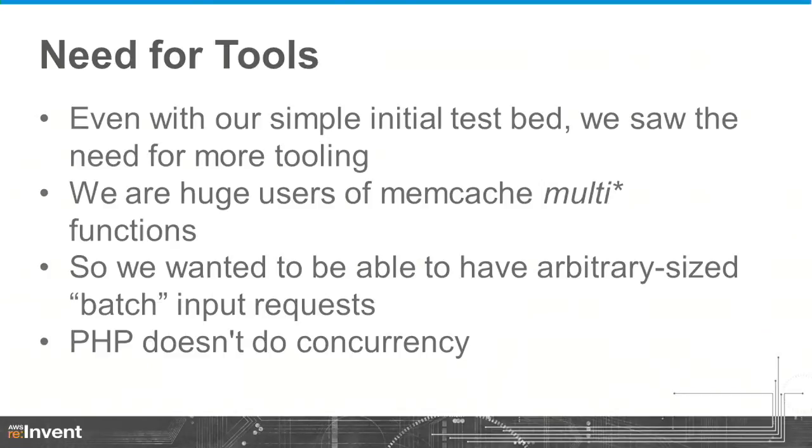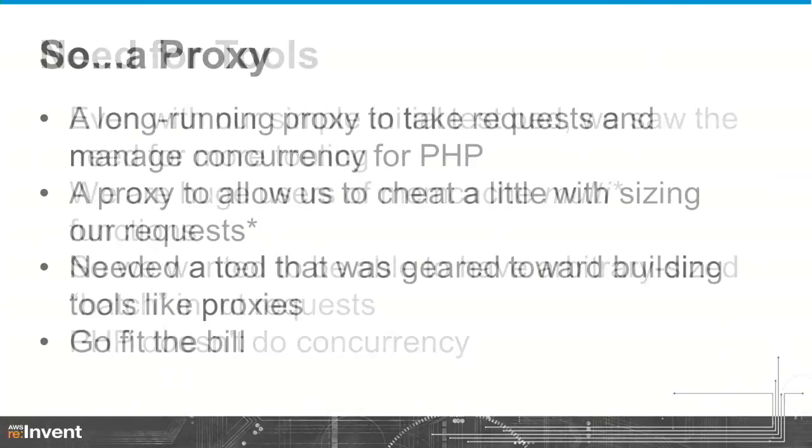If we were to take that static upper limit and push it all the way through our stack, now we have to change all of our PHP code to introduce this chunking at the intervals that Dynamo mandates. I knew immediately I wanted to abstract that out so that batch gets and batch writes would be arbitrarily sized. That means concurrency, and PHP doesn't do concurrency. So I started writing my own tools.